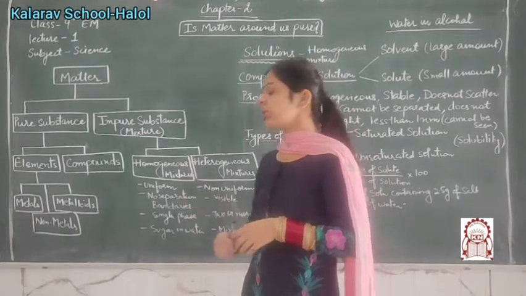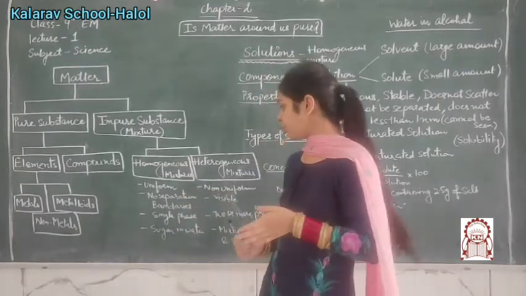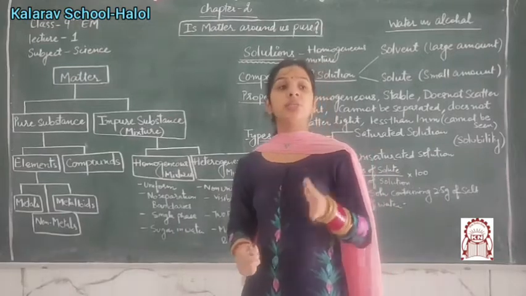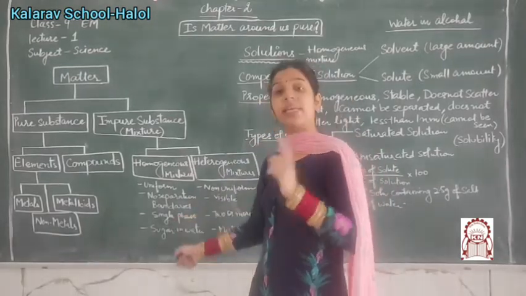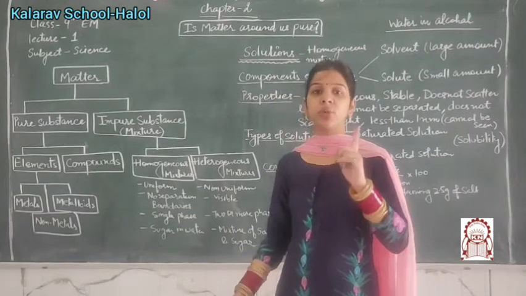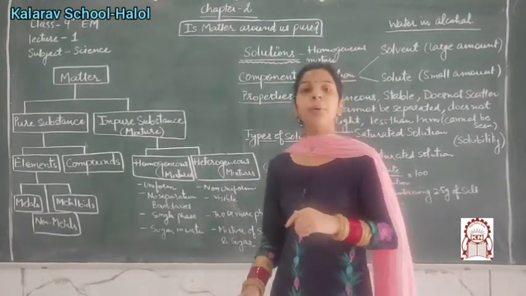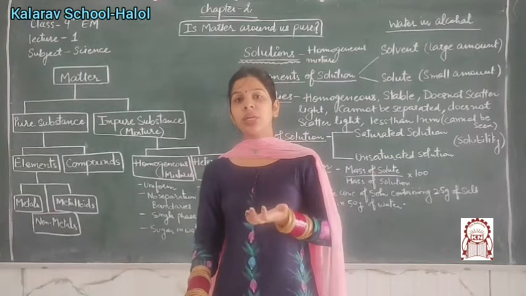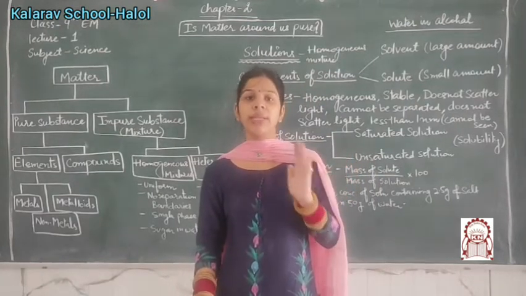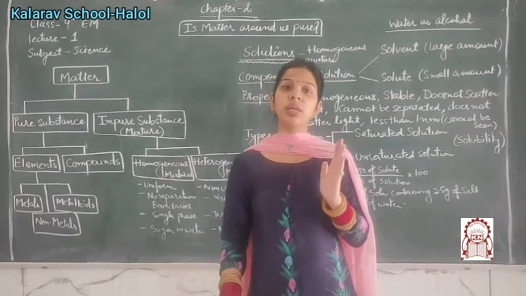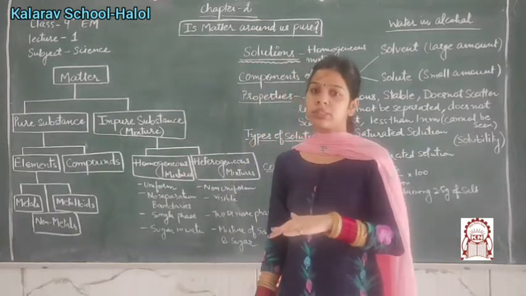The homogeneous mixture has no separation boundaries, which means there is no visible boundary between the two components. There is a single phase. For example, when we dissolve sugar in water, we get the same phase throughout. That is called single phase. So sugar solution is called a homogeneous mixture.